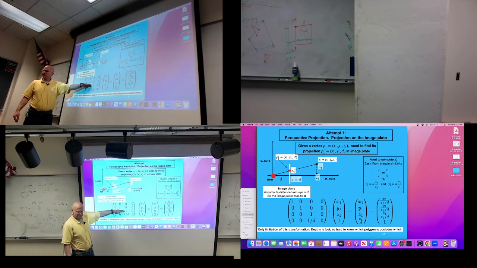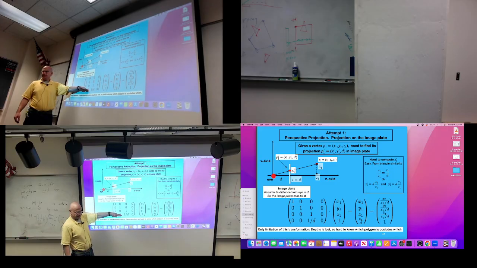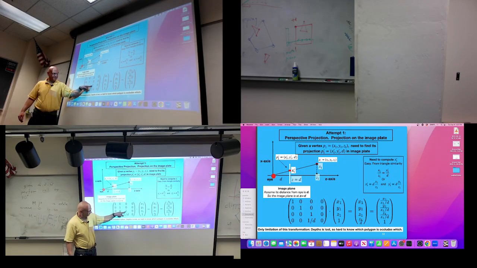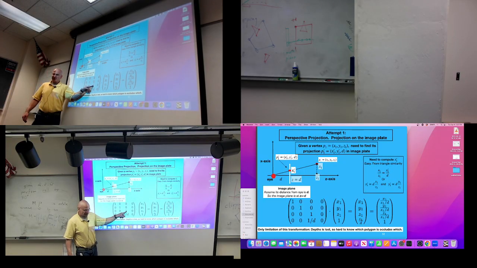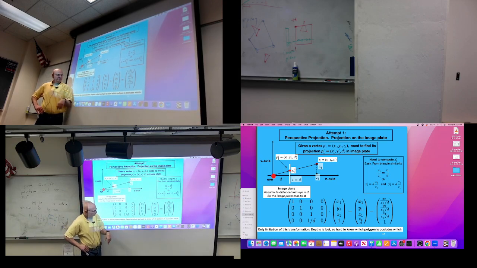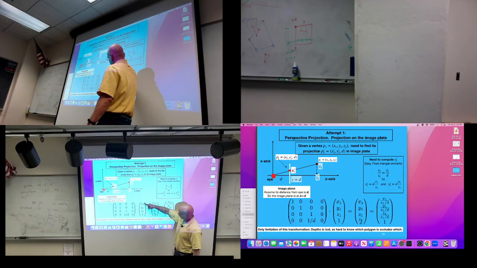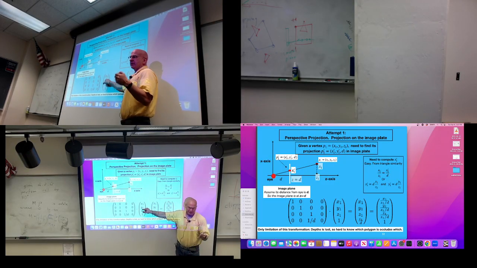Here is the matrix that I'll use. Identity matrix all the way over here, 1, 1, 0. I'm living in 3D, so 4 coordinates. And the only difference is that here I'll write 1 over d. So usually when I give you a point x1, y1, z1, and I tell you express it in homogeneous coordinates, what will you write as a w?